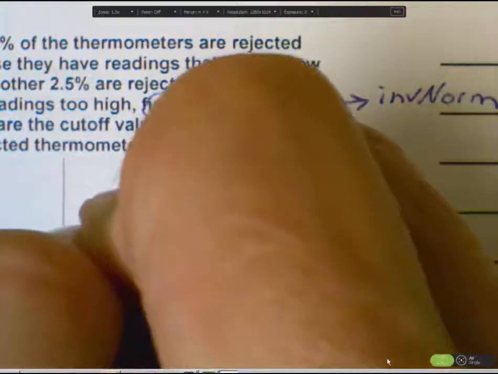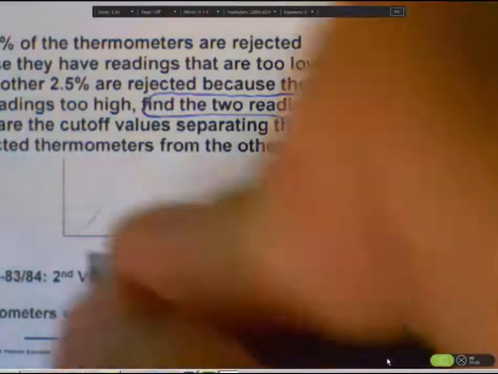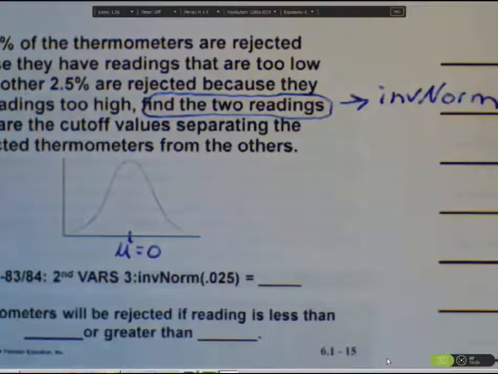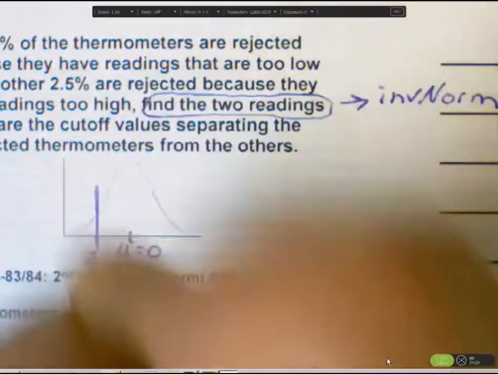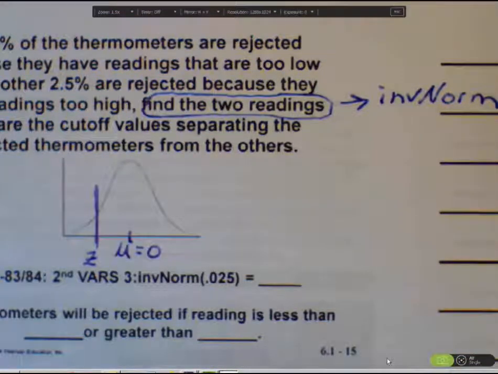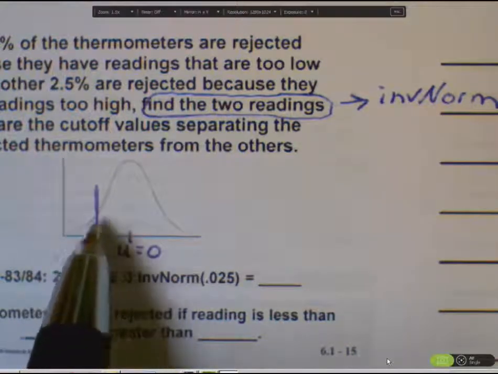The mean reading for these thermometers is 0. I want the cutoff scores that separate the bottom 2.5% from the rest and the top 2.5% from the rest. Let's talk about this bottom 2.5% first. There is some z-score that only has 2.5% of the thermometers with readings below that z-score.